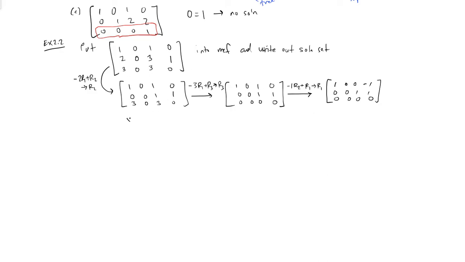Now we turn these into equations. So we have x1 equals negative 1. We have x3 equals positive 1. And we have no information about x2, so x2 is our free variable. And we could write it like this: x1 equals negative 1, x2 equals t, it could be anything, and x3 equals 1.